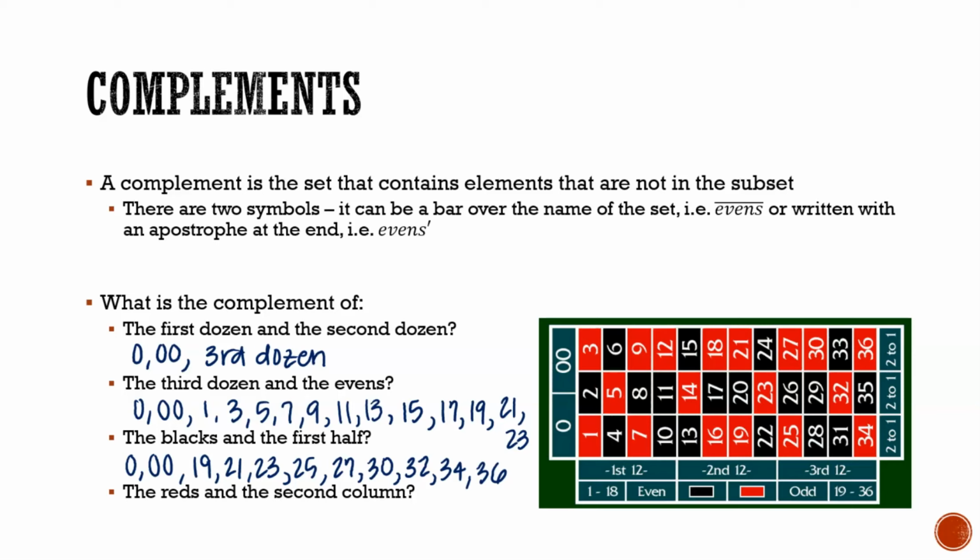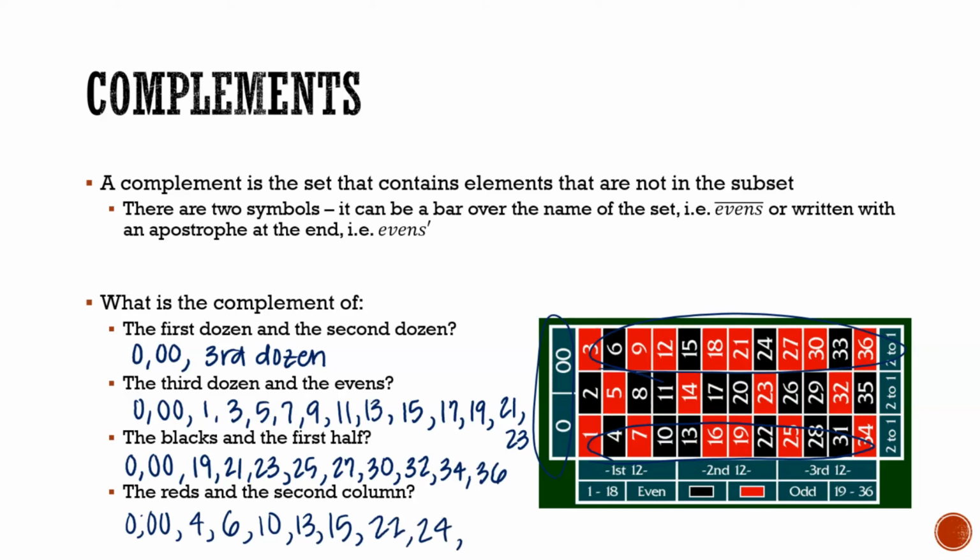Lastly, what is the complement of the reds and the second column? It would be all the blacks in the first and third column, as well as 0 and 00. So 0, 00, 4, 6, 10, 13, 15, 22, 24, 28, 31, 33.